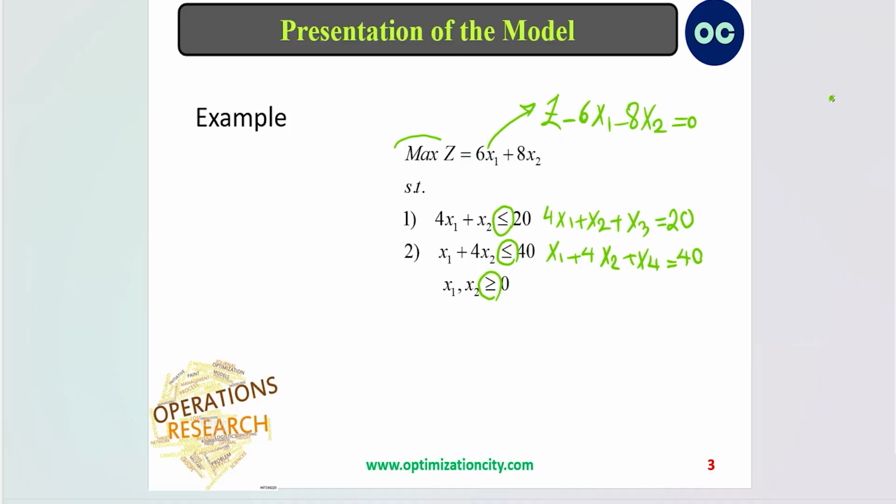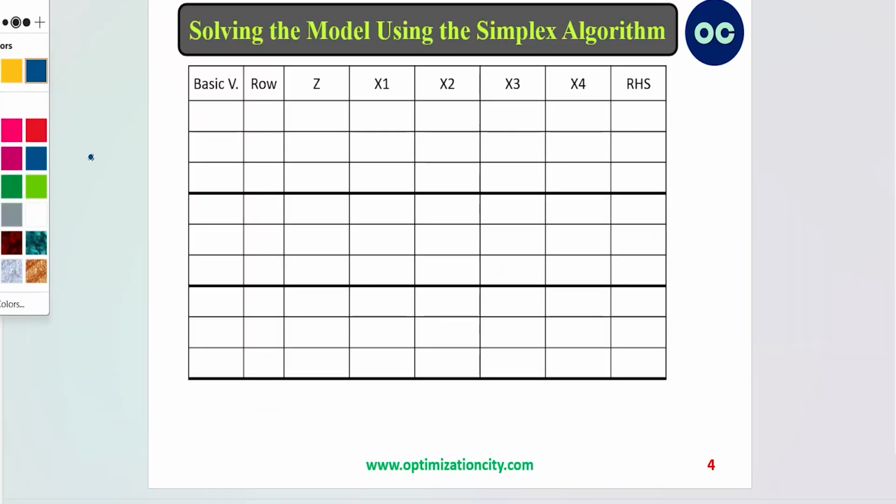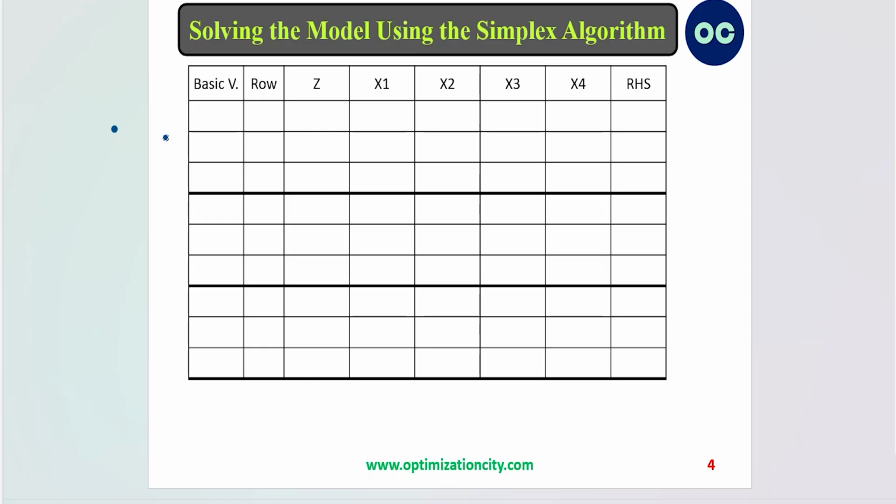Now our model is ready to be placed into the simplex tableau. Here is how we organize our table. The first column names the basic variable. The second column is row number 0 for the objective function, and row numbers 1 and 2 for constraint number 1 and constraint number 2.